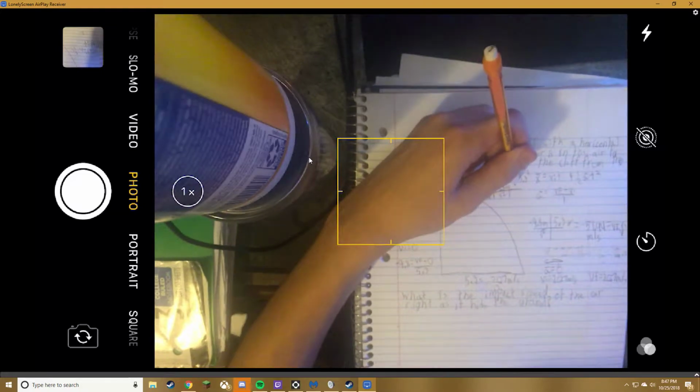One half times negative 9.8 meters per second squared times 5.3 squared seconds. So we have that. Let's go into our calculator once again.